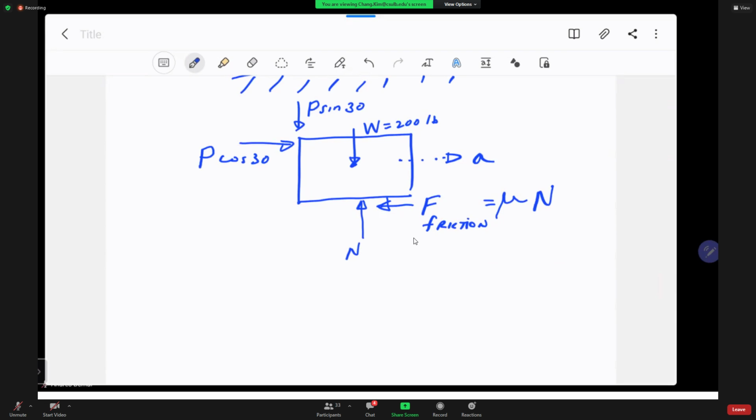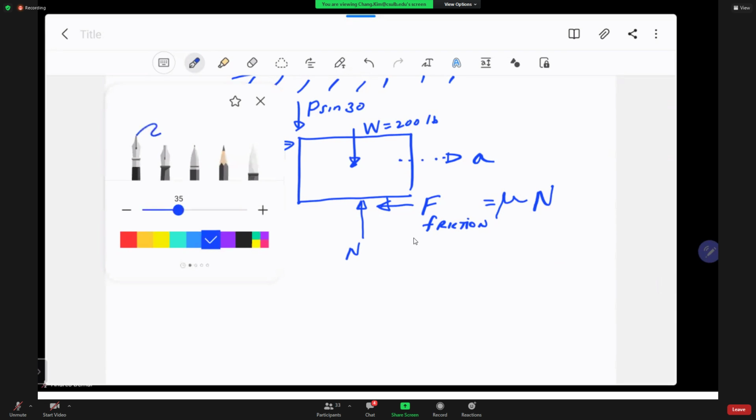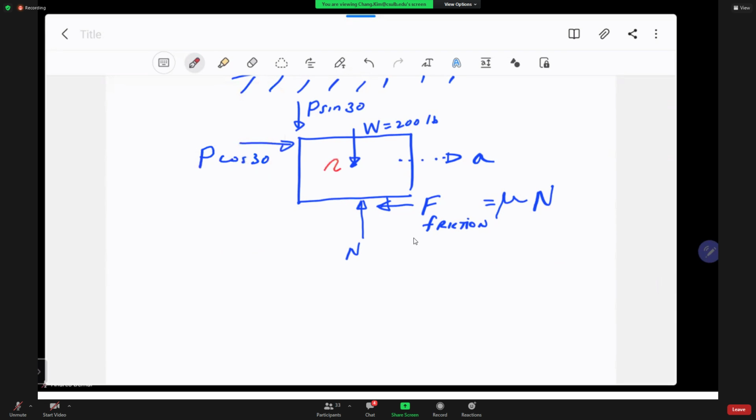So I'm going to put this as my x direction, and this is my y direction. Now I'm going to take the summation of the forces in the y direction first, equal to 0.